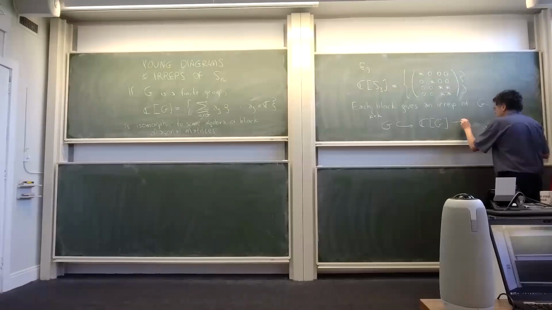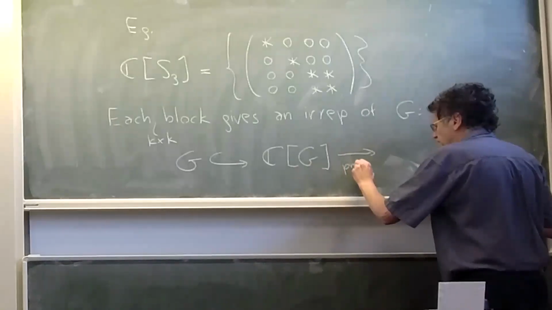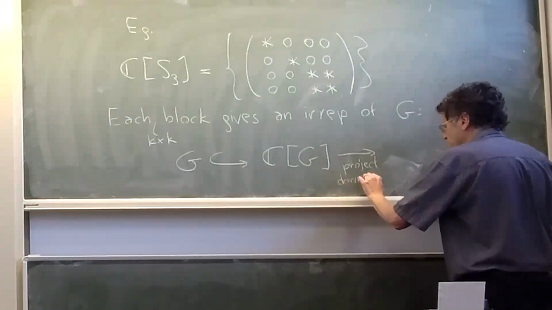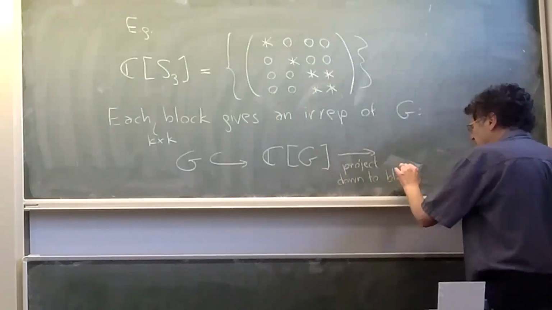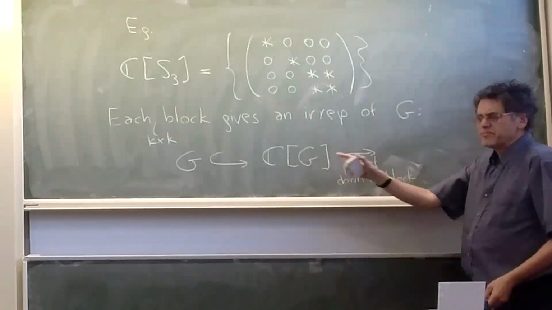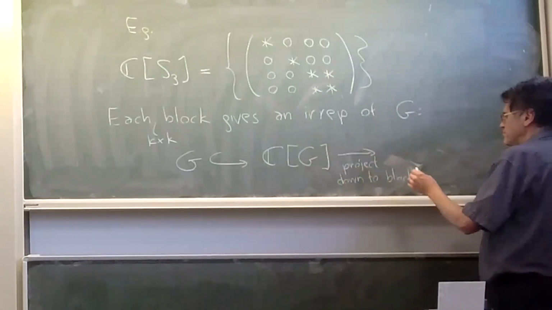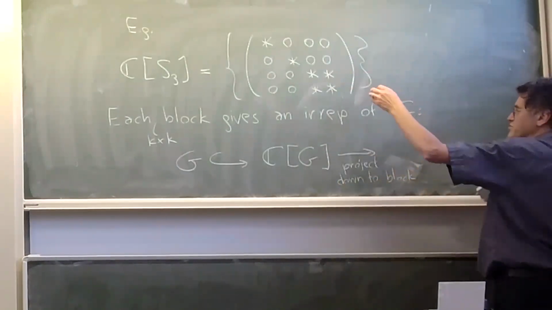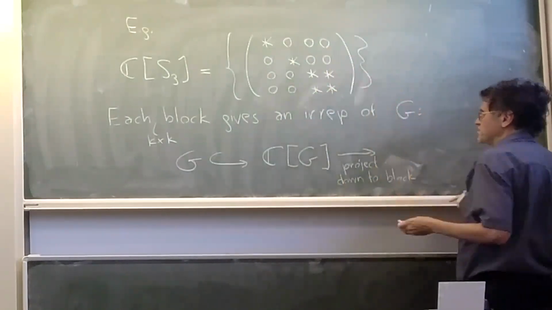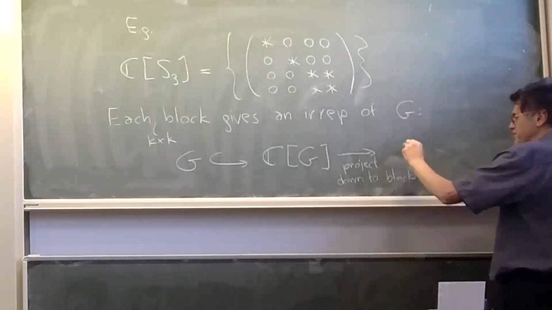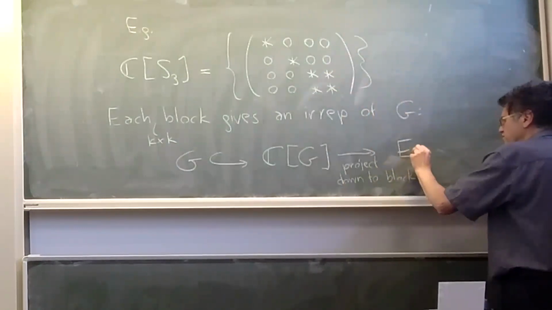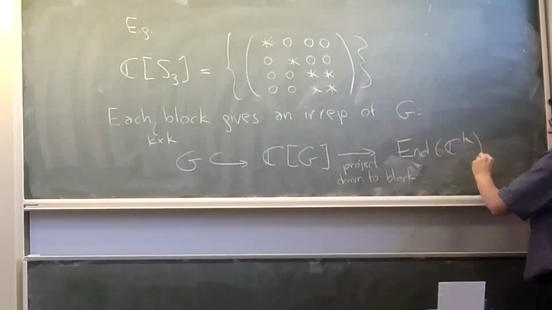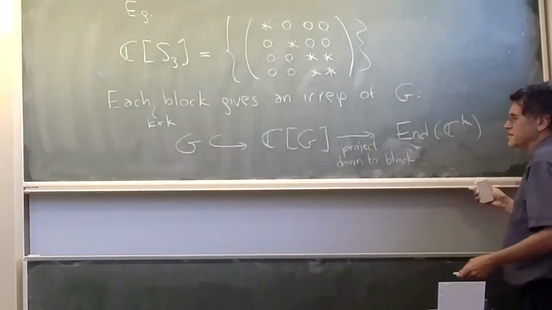And then you can project down to that k by k block. That is, if you know that this is isomorphic to some algebra of block diagonal matrices, you can project that big fat matrix down to any one of these particular blocks. Just throw away the rest of the matrix. And then you just get a linear transformation of C^k. That's what a k by k matrix is.